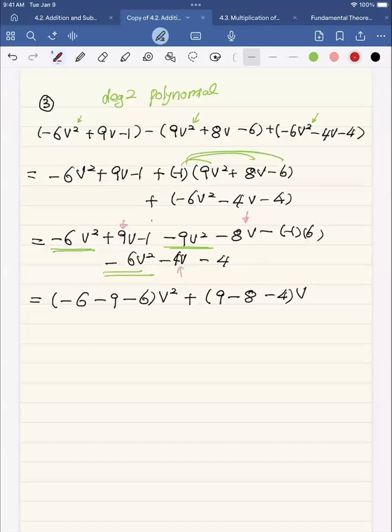Lastly, we think about those numbers, constant terms. Those are -1, and this one minus will make plus, so +6, -4.